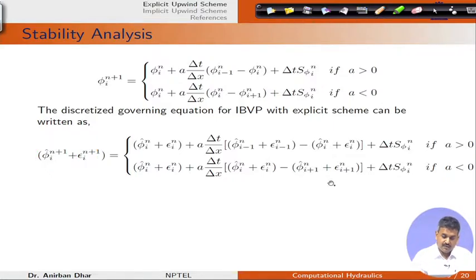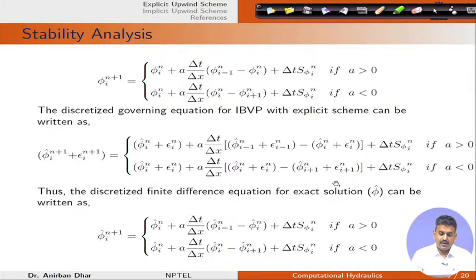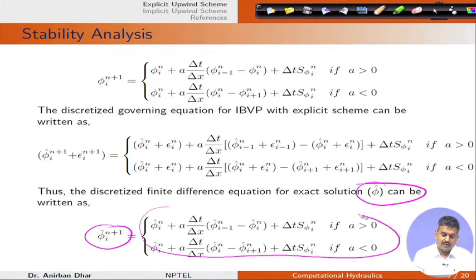With this we can also write the discretized finite difference equation for the exact solution. This is the exact solution, and the exact solution should satisfy our original finite difference discretization. So, we have written phi hat i n plus 1 and others are at known time level.